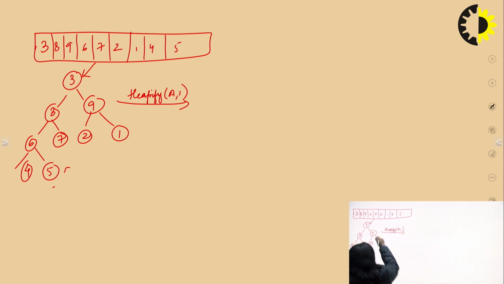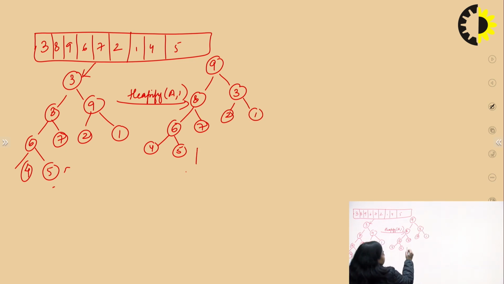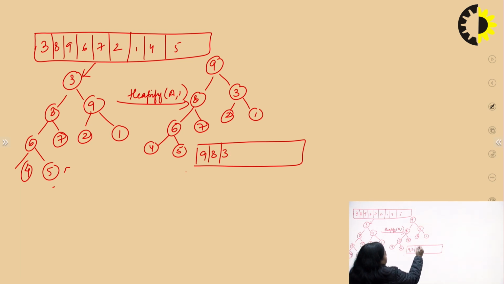When we apply, 3 is being exchanged with 9, but 1 and 2 are smaller. So now what happens? This tree becomes 9, 8, 6, 7, 4, 5. This becomes 3, 2 and 1. Now what we need to do? We have to generate an array 9, 8, 3, 6, 7, 2, 1, 4 and 5.